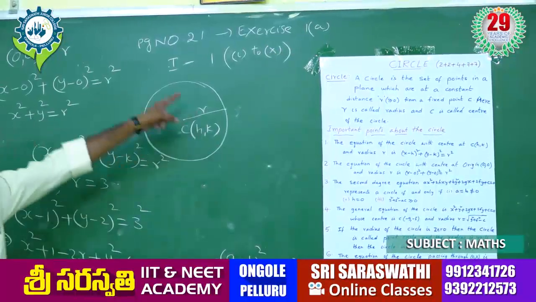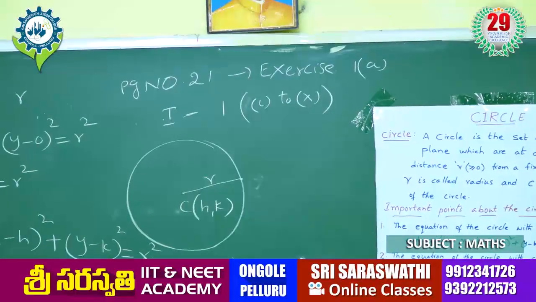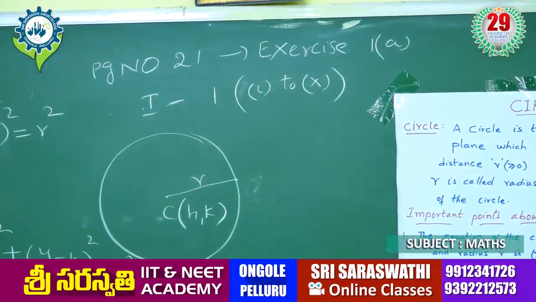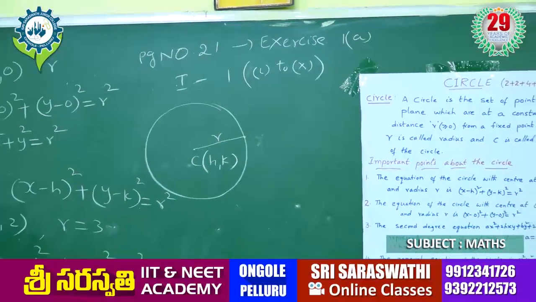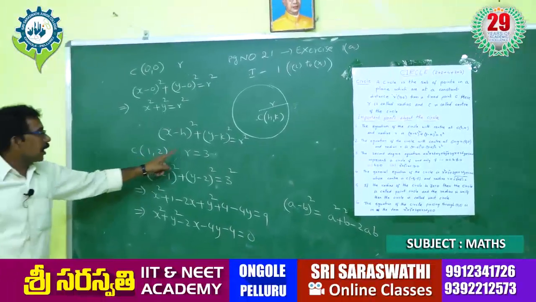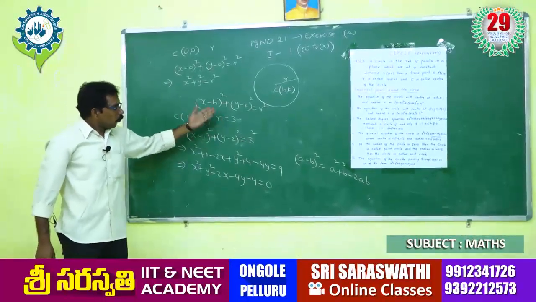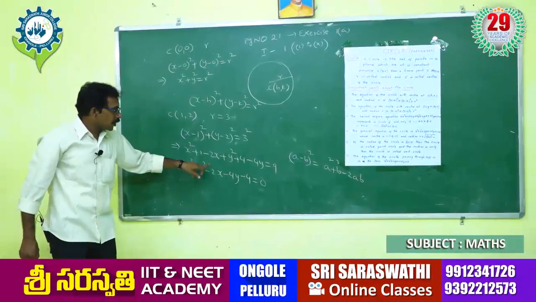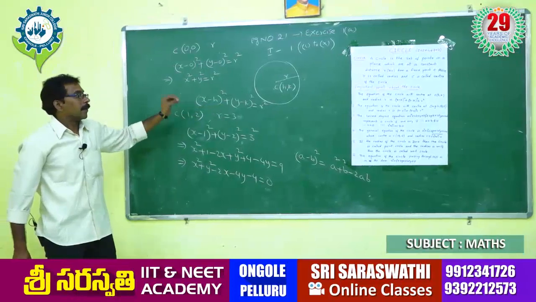All these 10 problems are of this model, where you have to find the equation of the circle when they give center and radius. So when they give center and radius, we can find the equation of the circle by using this formula.